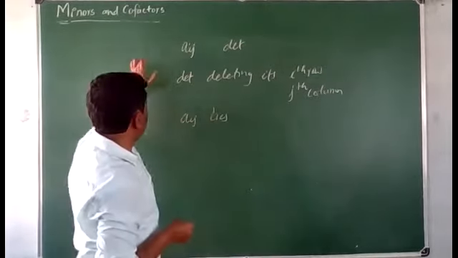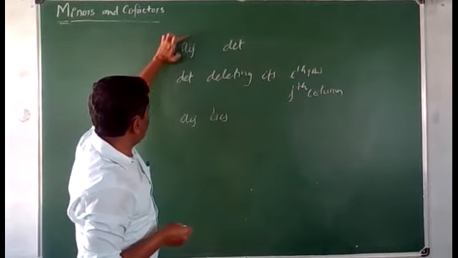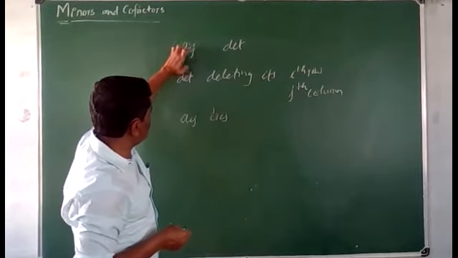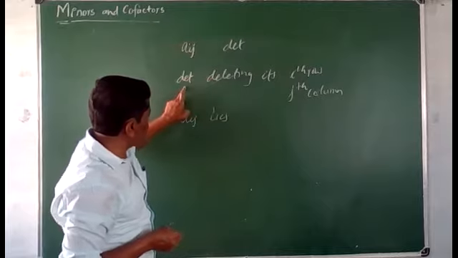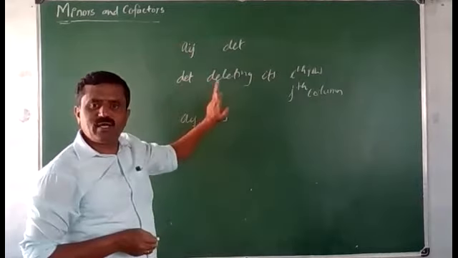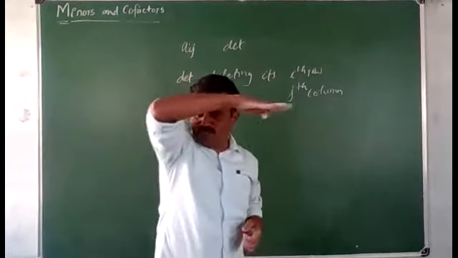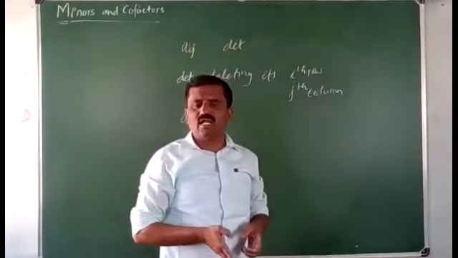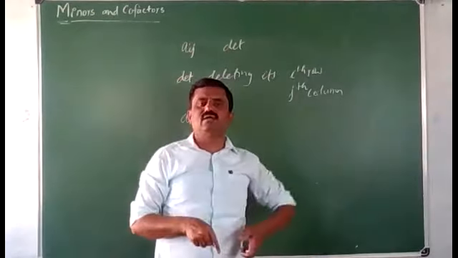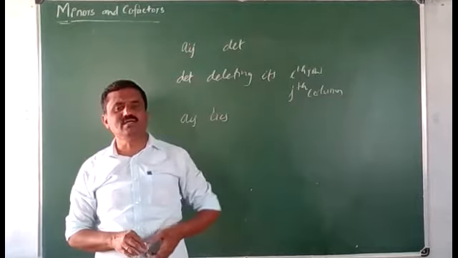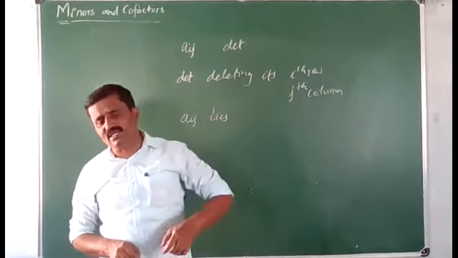Again, the minor of an element Aij is the determinant obtained by deleting its ith row and jth column in which that element Aij occurs or lies.